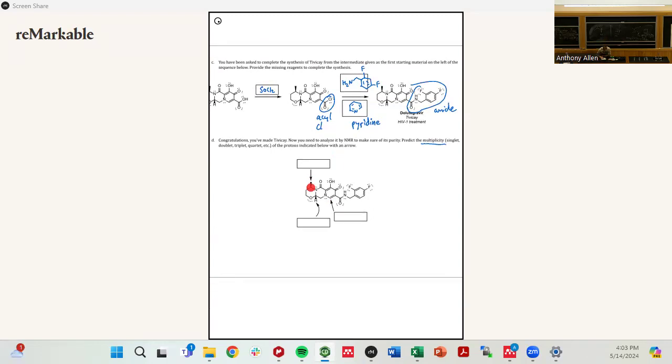How many protons are at the carbon next to it? 1, so the n+1 rule says those should be a doublet. How about here? There's the carbon, here's the carbon next to it. There are 2, so it should be a triplet. Here, if you go there or there, there's no carbon with the hydrogen, so there should be a what? Singlet. All right, good.